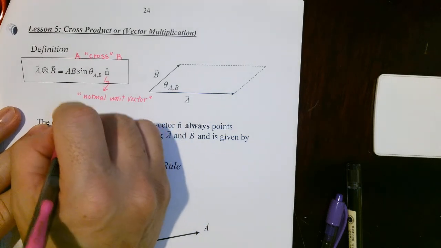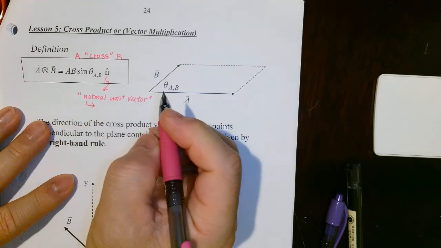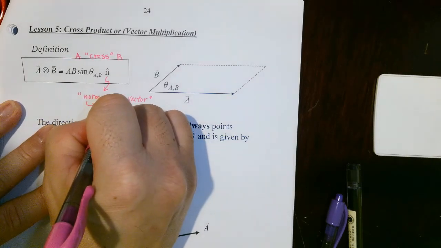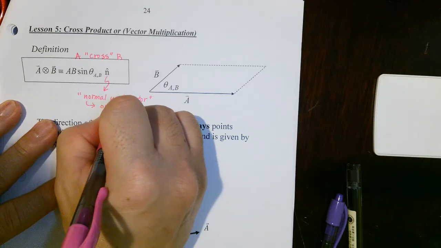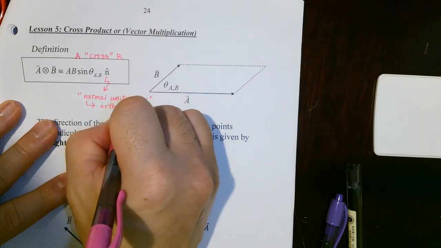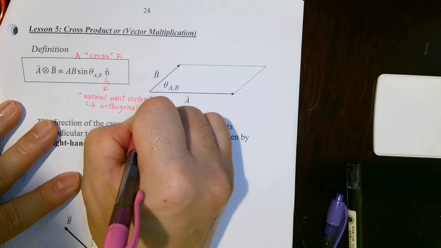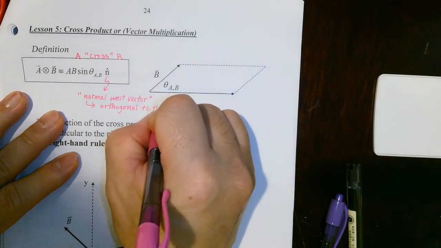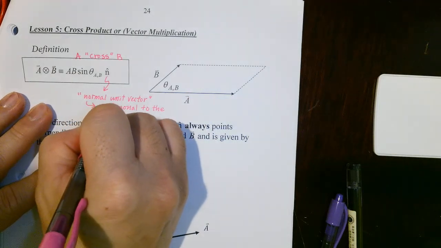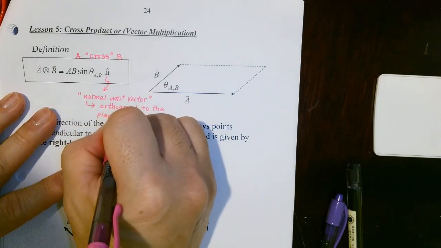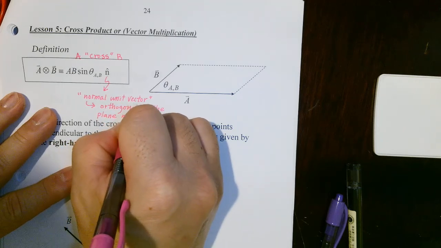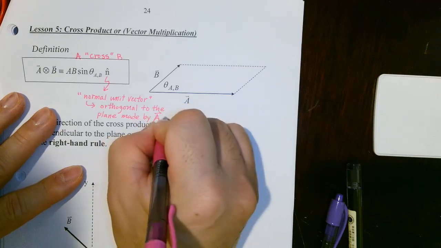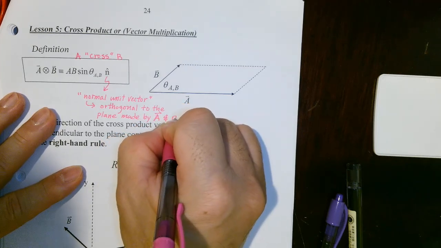So this normal means orthogonal to the plane made by vectors A and B.